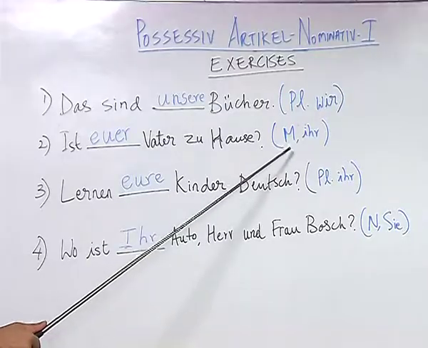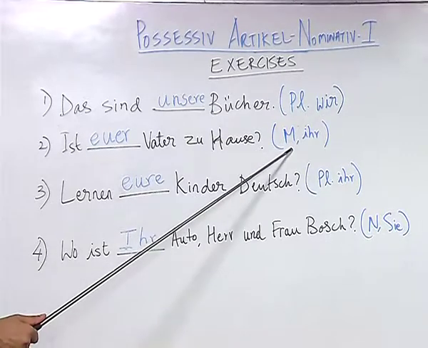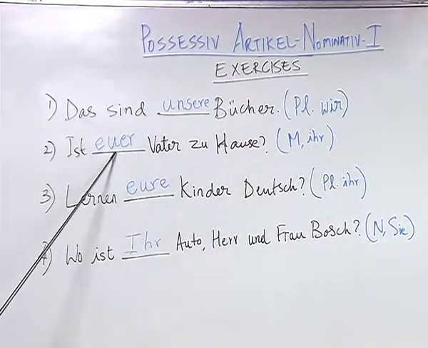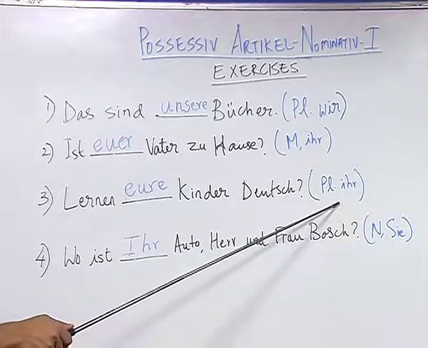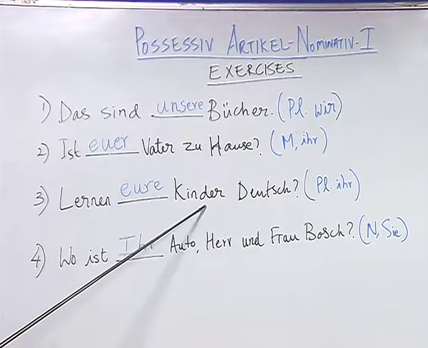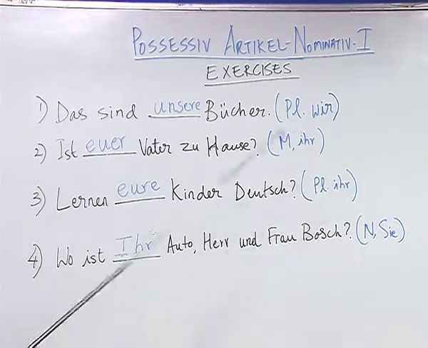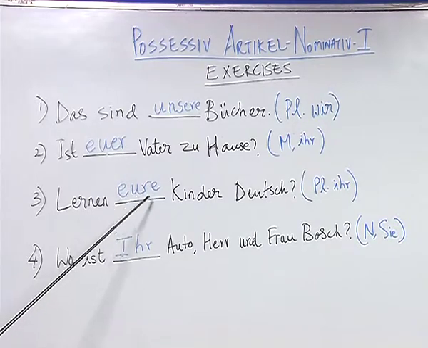Here the student again correctly identified that the noun Vater belongs to the masculine gender category and based on the pronoun ihr wrote the correct possessive article euer. Lernen eure Kinder Deutsch? Here also the student correctly identified that the noun Kinder belongs to the plural category and based on the pronoun ihr wrote the correct possessive article, which is eure.